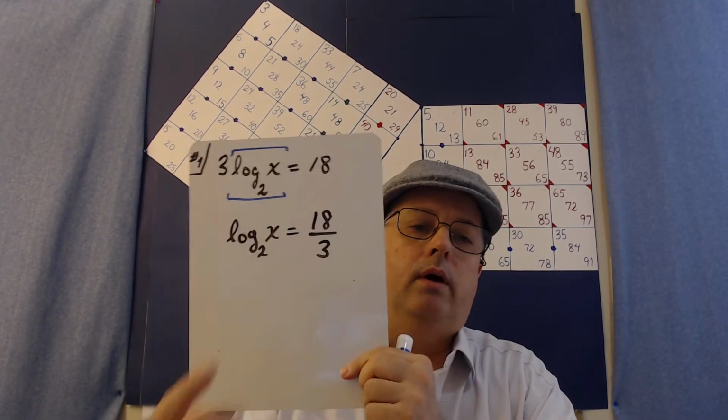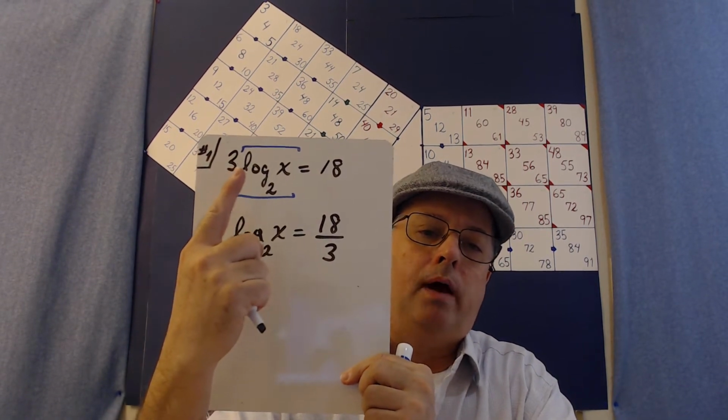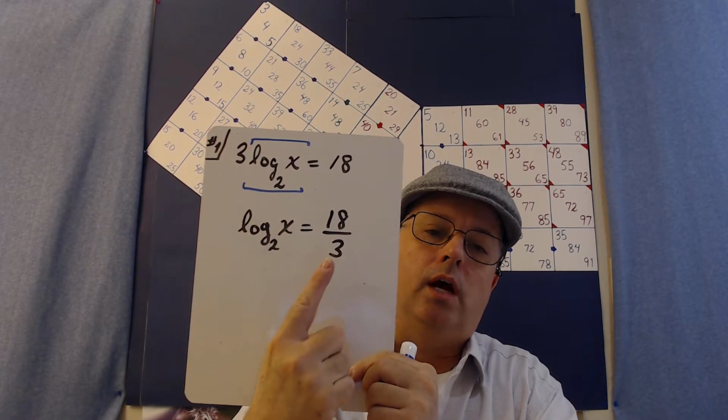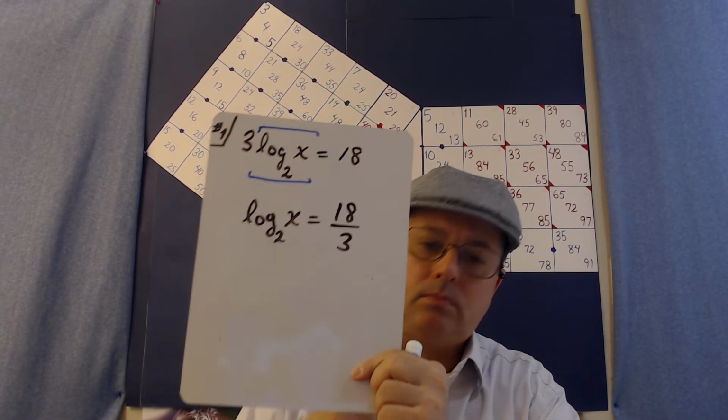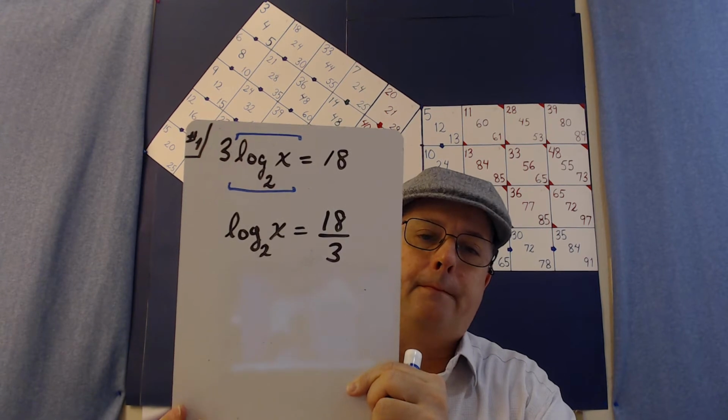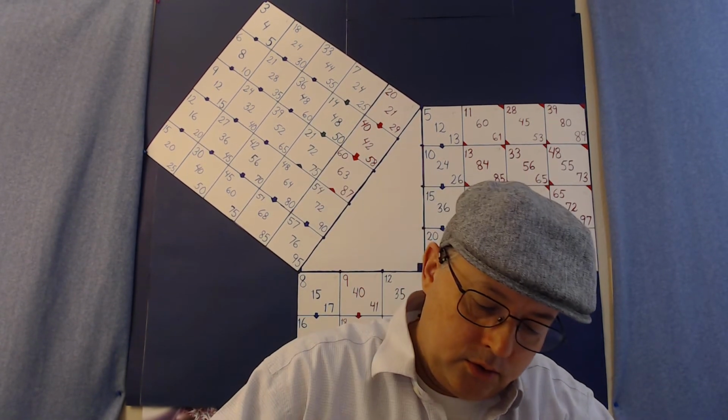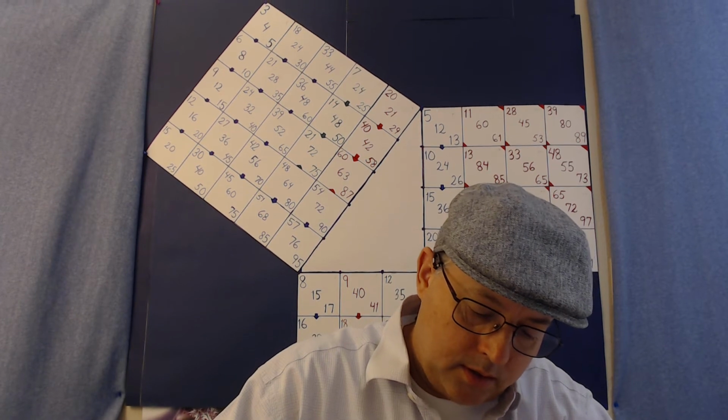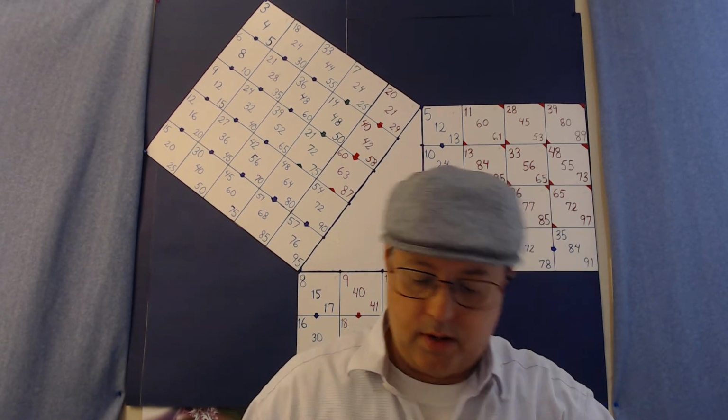So we would say log base 2 of x equals 18 divided by 3. Okay, so this is being multiplied by 3, and so on the other side I'm going to divide by 3. You can show it on both sides if you like. So that's what we did.